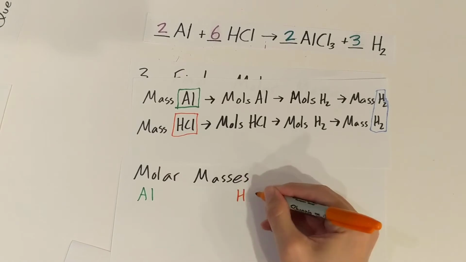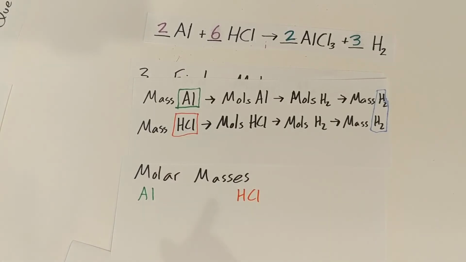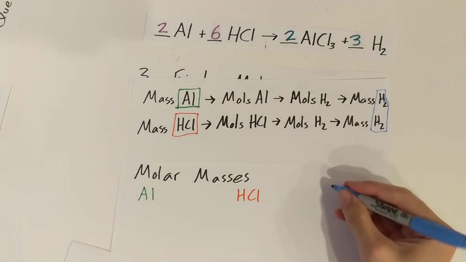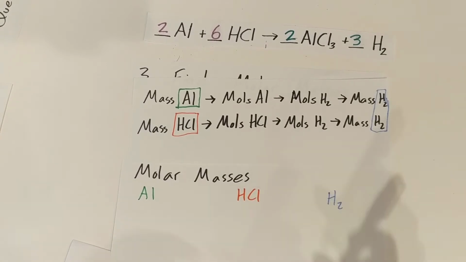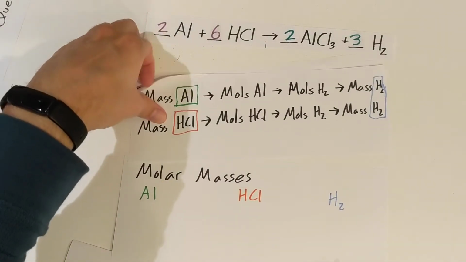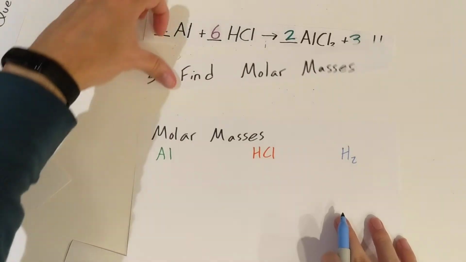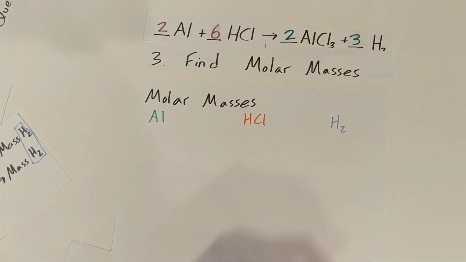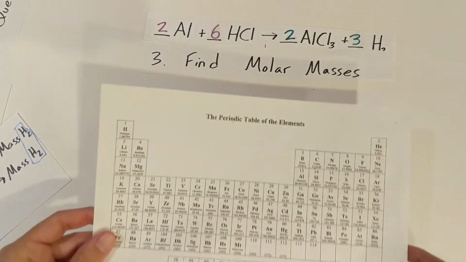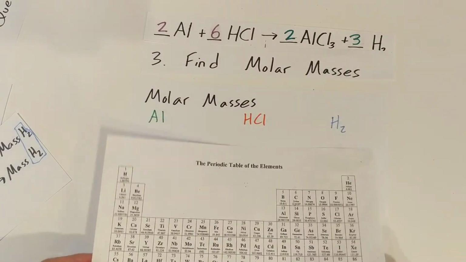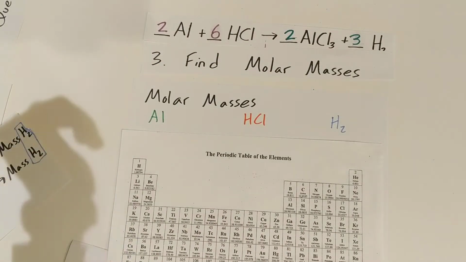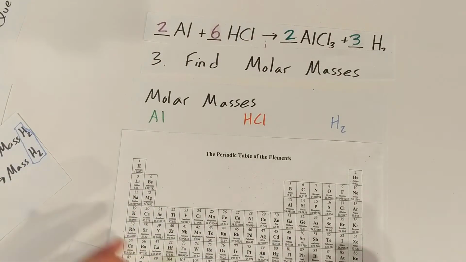We're going to find it of HCl. And we're going to find it of H2. And we're going to need to save these for later. So let's bring this up here. And we're going to need a periodic table to do this. And we're just going to be doing it the simplest way we can, just rounding to the nearest whole number.